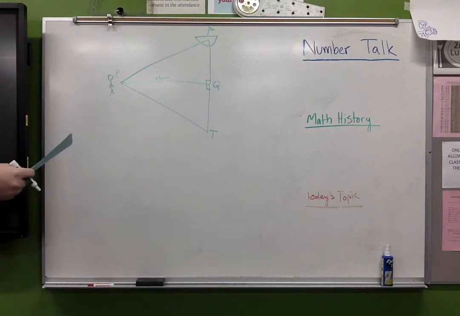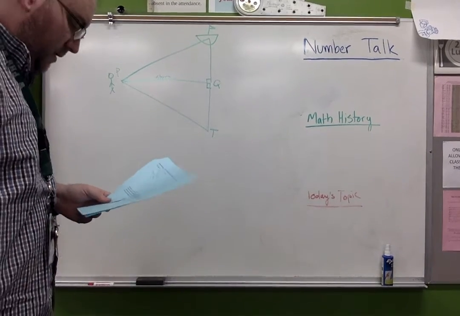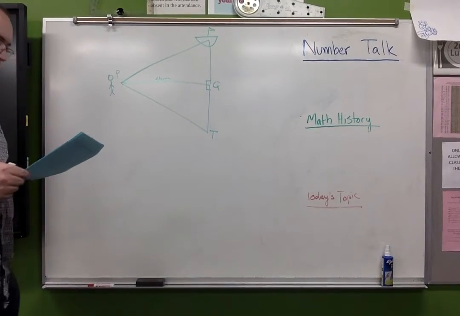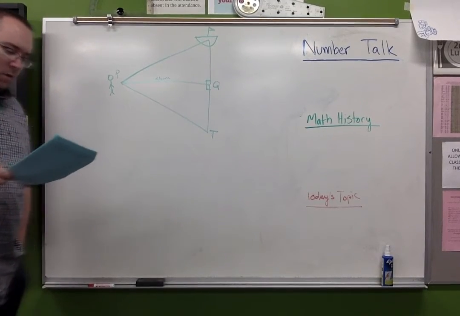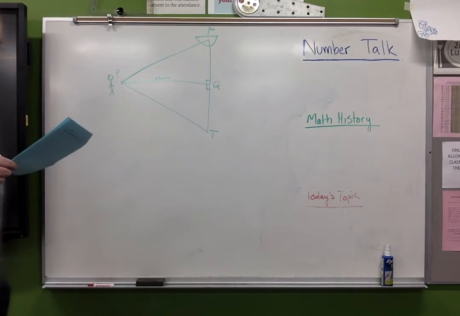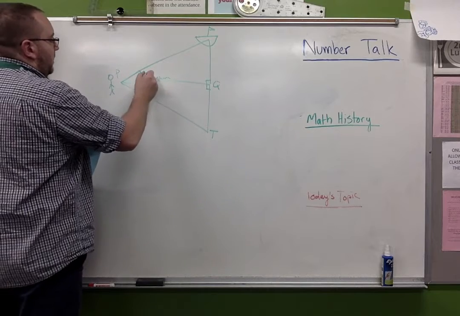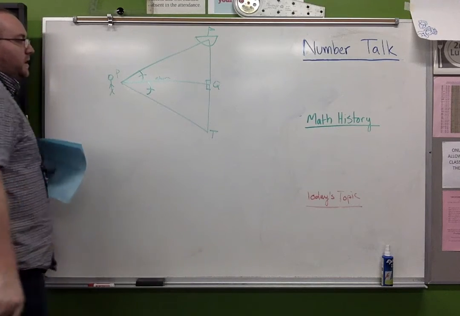All right. So it says in the figure below, shows how the Greek mathematician Thales determined the distance from the shore to enemy ships during a war. He sighted the ship from point P and then duplicated the angle QPT. So he knows that this angle here is congruent to this angle here. He duplicated the angle.